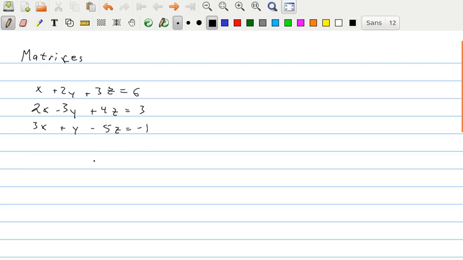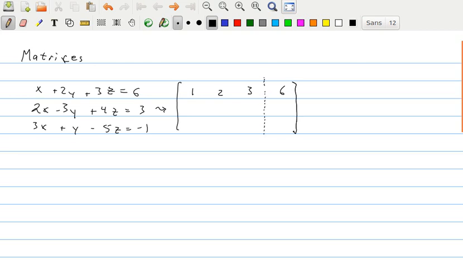Let's take this system of equations and rewrite it using a matrix. The way we'll do this is we take just the coefficients. So for the first row, we have 1x, 2y, 3z, and then equals 6. Now to keep the 6 separate from the others, since it was not a coefficient but the right-hand side of the equation, sometimes we like to put a line or a dotted line in here.